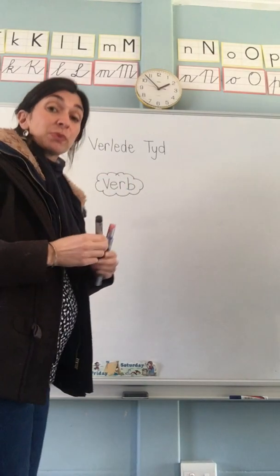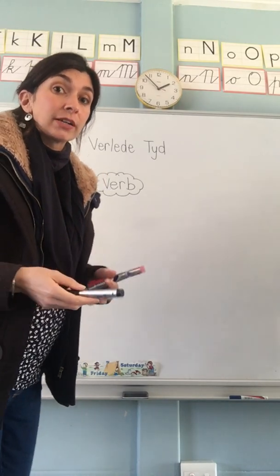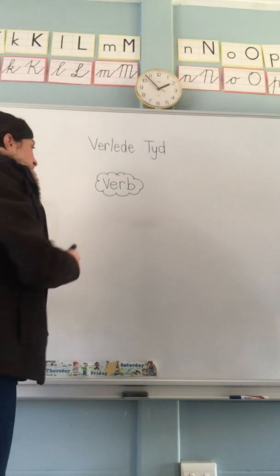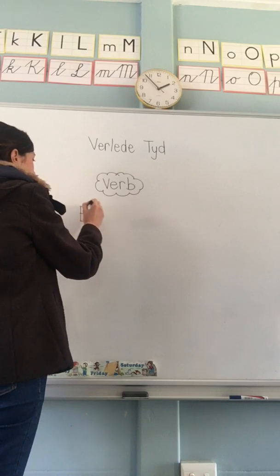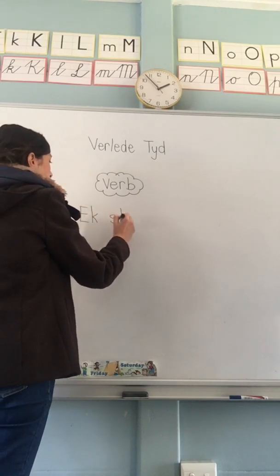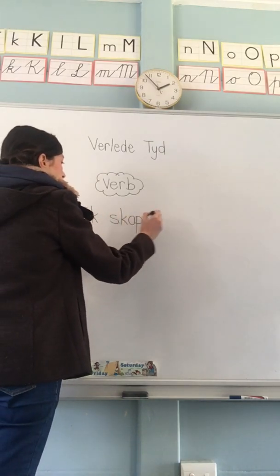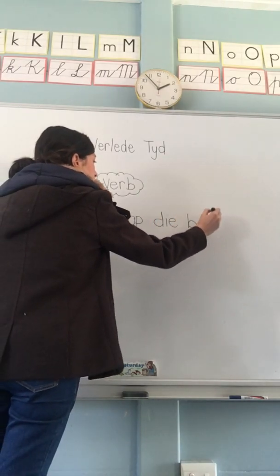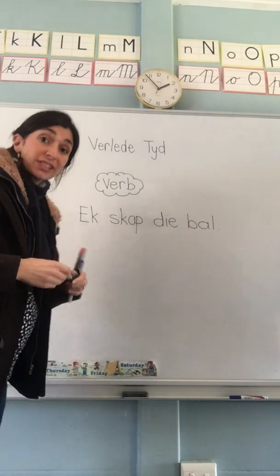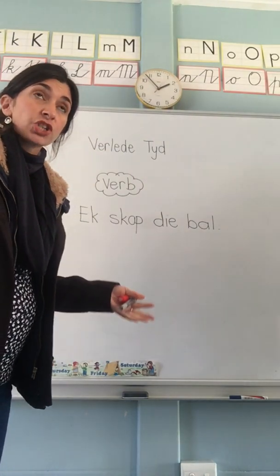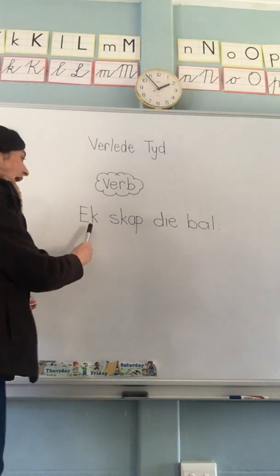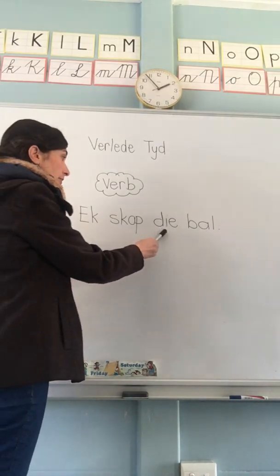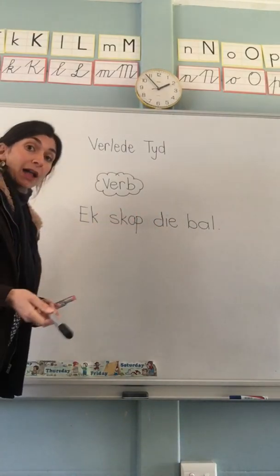And in Afrikaans, we've learned these, the aksiewoord, the action word. For example, ek skop die bal. Okay? I don't see "is" anywhere, so I can't change "is" to "was". I kick the ball. Ek skop die bal.